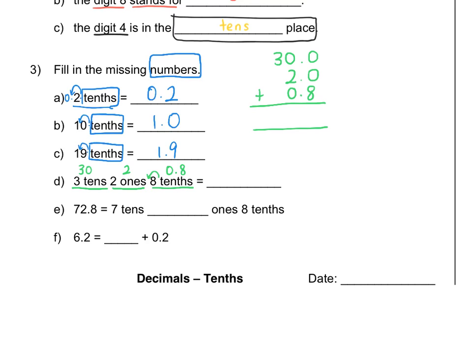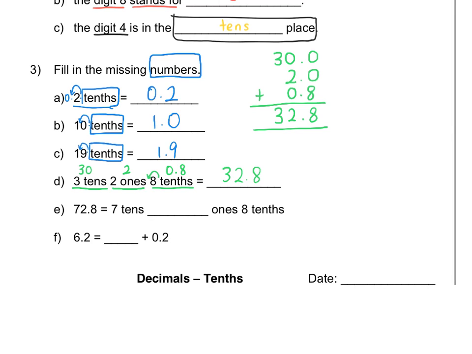And if you do the addition starting from the last column, the tenths place, you should get 8. Decimal point stays. 0 plus 2 plus 0 is 2. 3 plus nothing is 3. So your answer for part D should be 32.8.